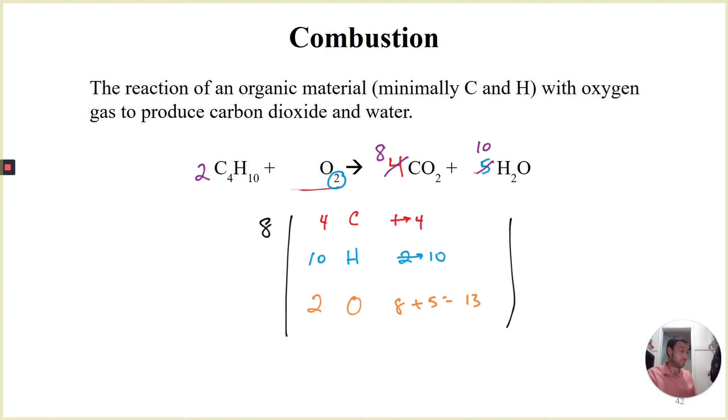Carbon, there's 8 and 8. Hydrogen, there's 20 and 20. Now when we get to oxygen, it's 2. We didn't change that one. But the other oxygen we did change is 16 plus 10, which is equal to 26. How can I get 2 equal to 26? I need to multiply by 13. There the number comes in.